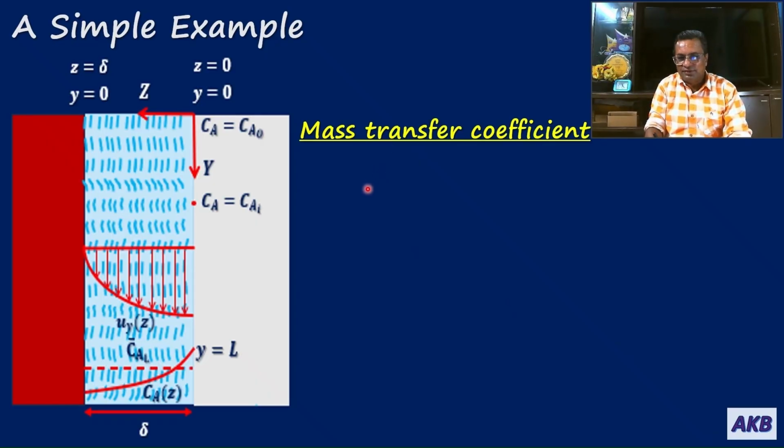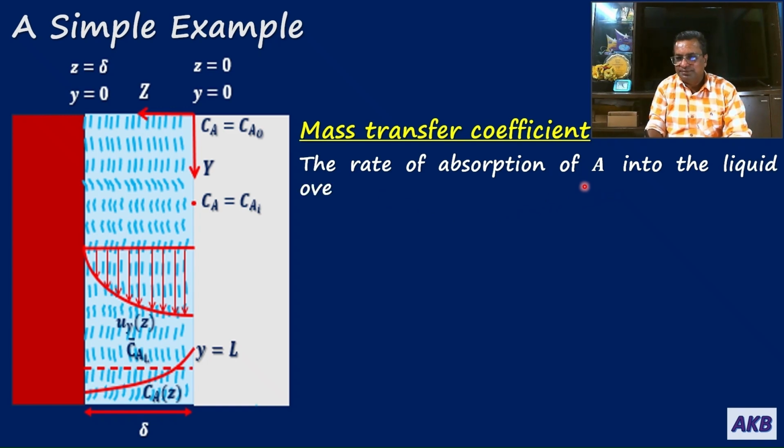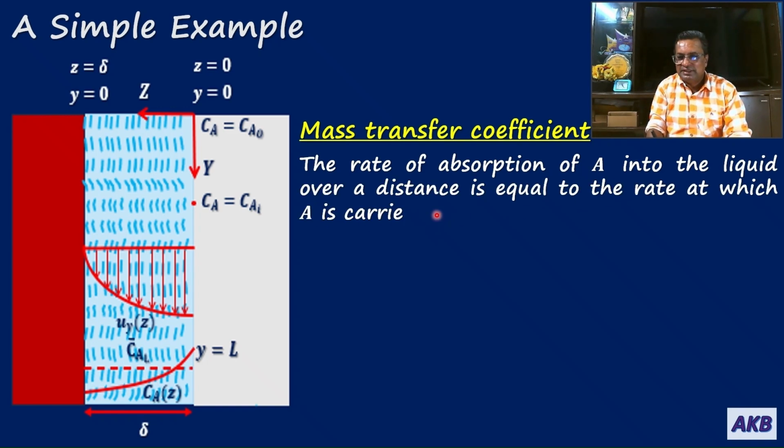Now after getting the thickness, the next task is to get the mass transfer coefficient. How to get the mass transfer coefficient in this laminar flow? Let us understand. The rate of absorption of A into the liquid over a distance is equal to the rate at which A is carried by the film over that distance.